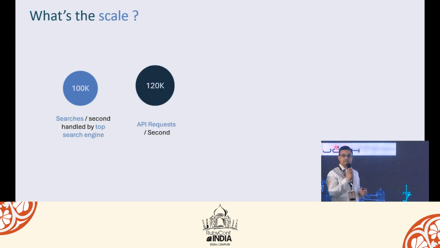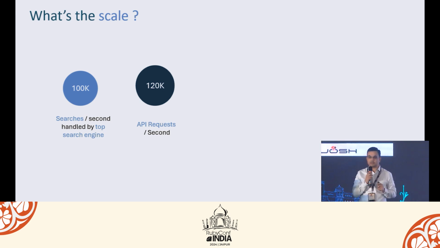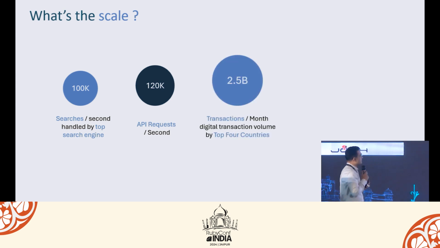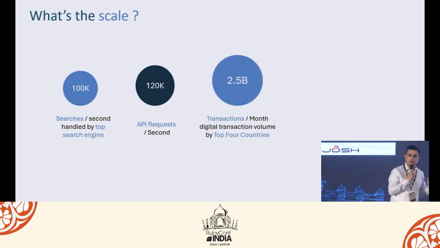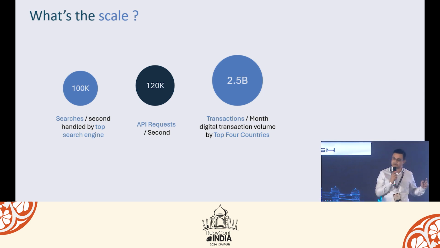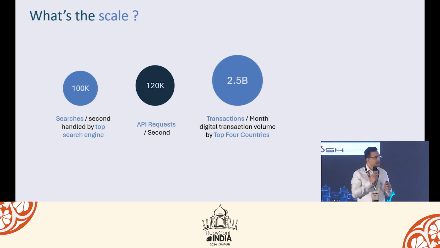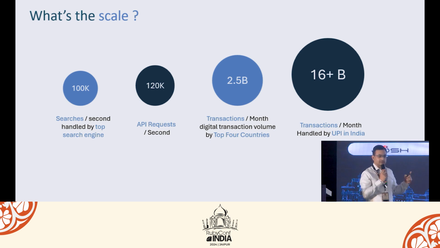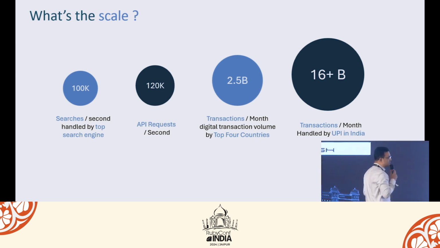This is what we get just on UPI in India: 120K per second. This is the digital payment volume per month across the top 4 countries, and this is the number we get: 16 billion plus that we are now processing per month.